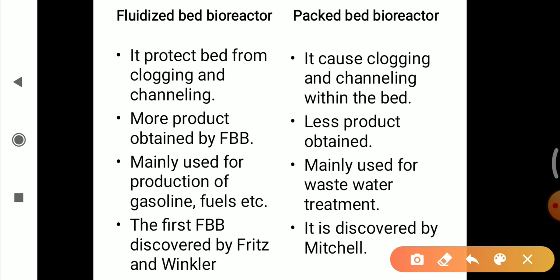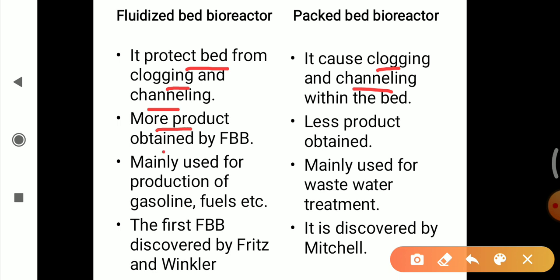In the fluidized bed bioreactor, the bed is protected from clogging and channeling because it has a solid-liquid-like consistency, so expansion of the bed can take place. Whereas in the packed bed bioreactor, there is a chance that clogging and channeling can take place in the bed.